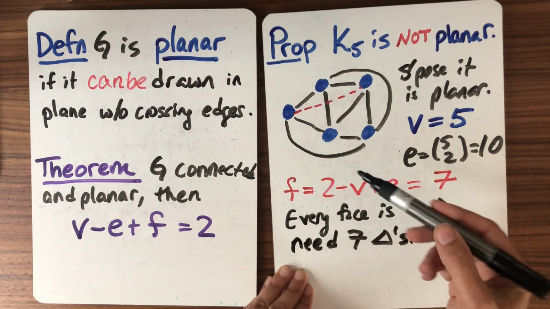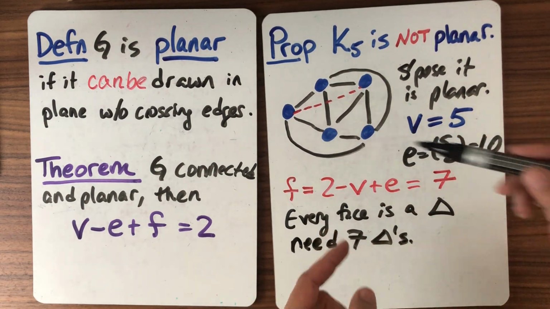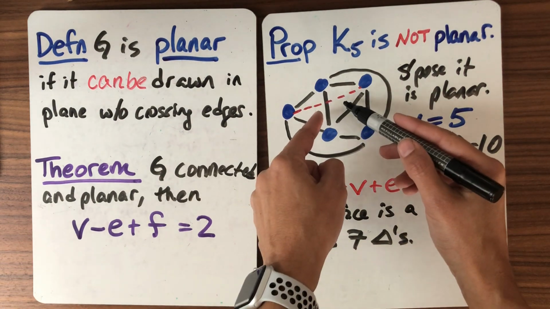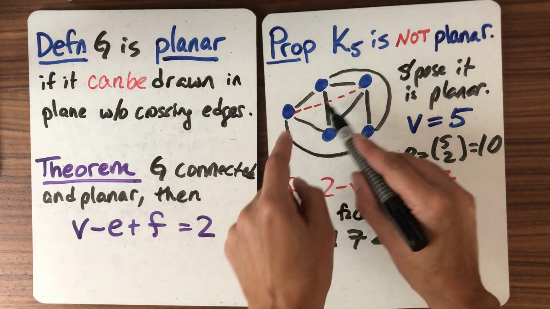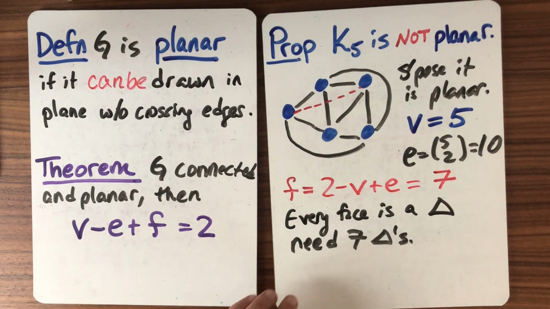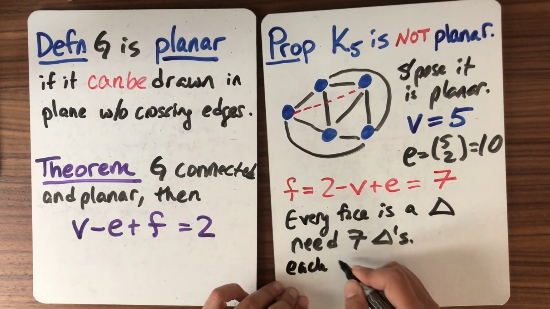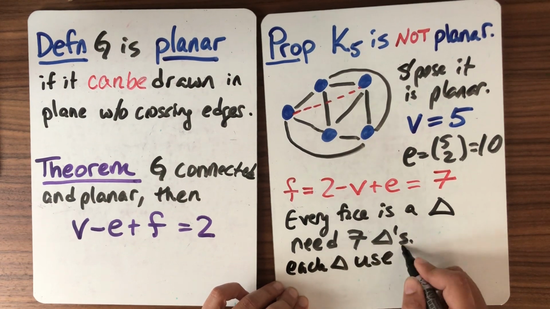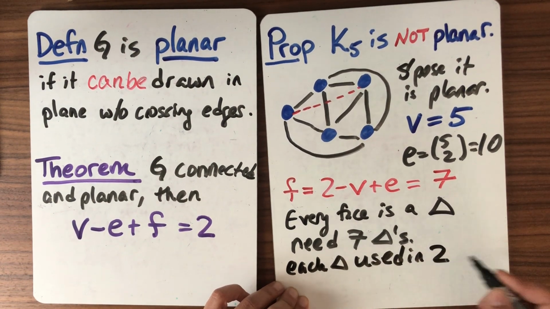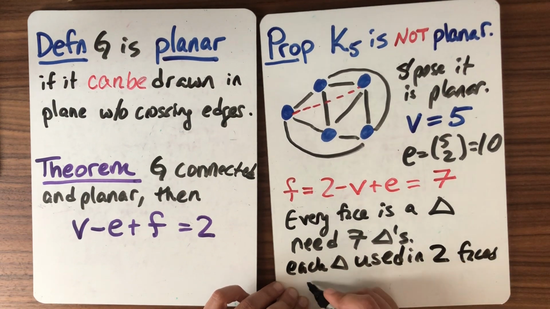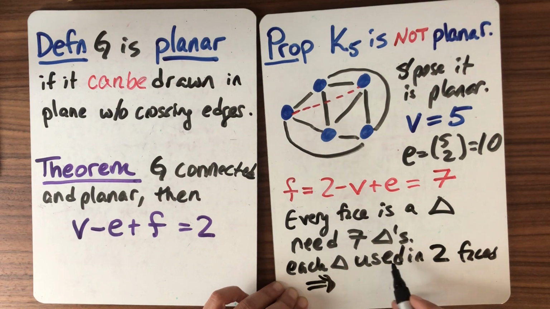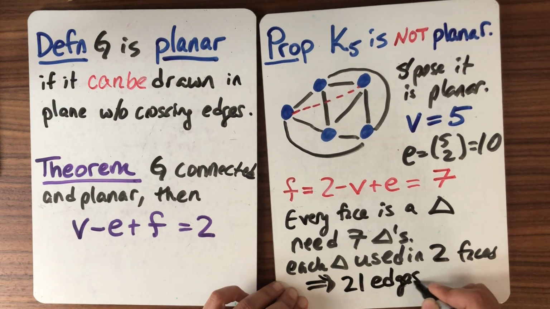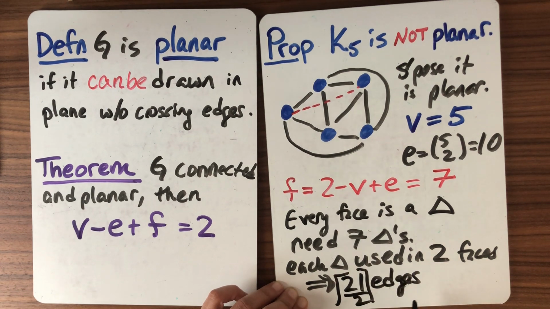But keep in mind that given any triangle, it's going to have 2 faces that share an edge. So an edge abuts exactly 2 faces. So each edge of the triangle is used in 2 faces. That implies that we're going to have 21 edges divided by 2, but of course we're going to take the ceiling of this. 21 edges for the triangles, each is used in 2 faces.